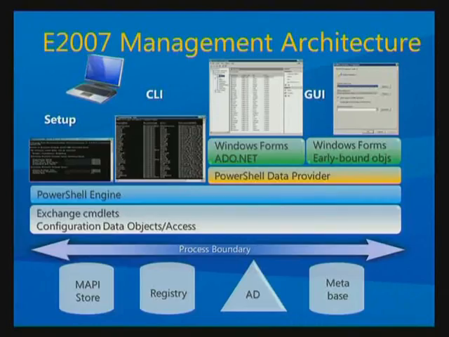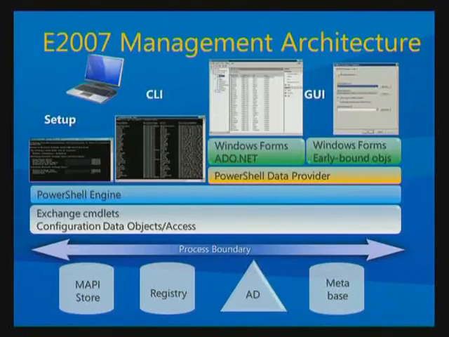Through this PowerShell data provider, we actually have an ADO.NET interface so that we can do some really standardized ADO access to get back rows and rows of data tables that represent the objects underneath. So when you look at the Exchange GUI, and it's small, I apologize, and that's probably all we'll see in this deck, but if you're familiar with the result pane, we get back potentially thousands, tens of thousands of recipient objects, for instance, in a result pane.